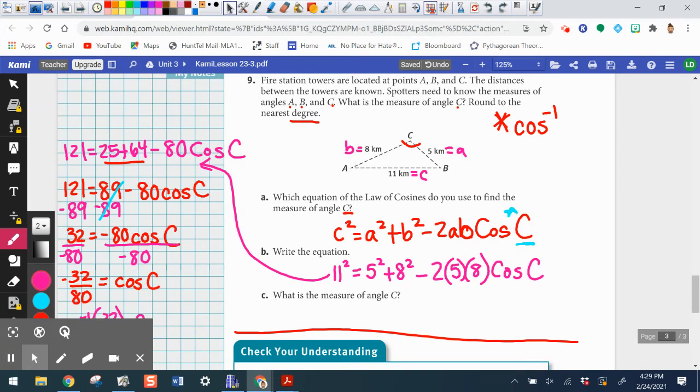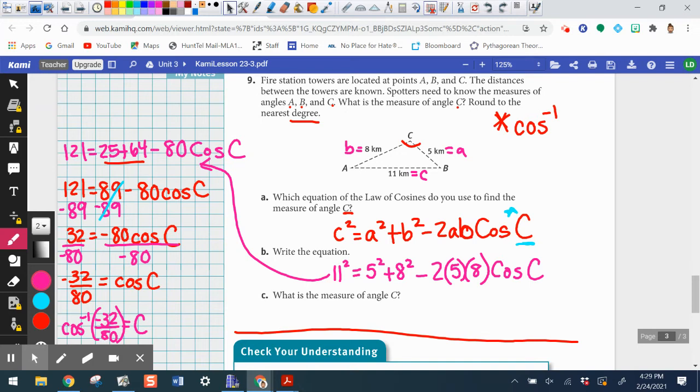So hopefully you took a second to at least attempt this. I understand the complexity that the law of cosines could have, or at least it appears to have. So let's break this down. In item A, it said, which equation of the law of cosines did you use to find the measure of angle C? Well, which law of cosines utilizes angle C anywhere?